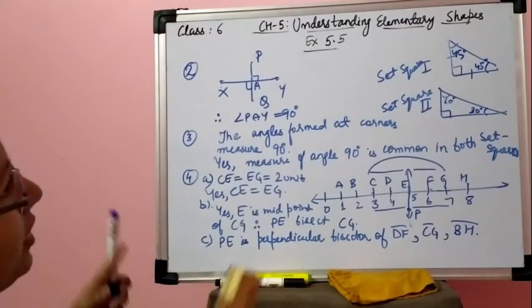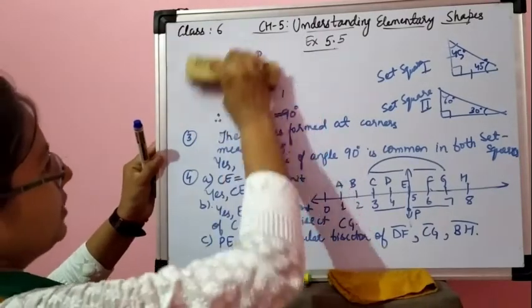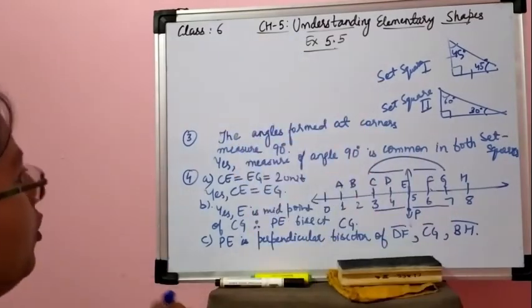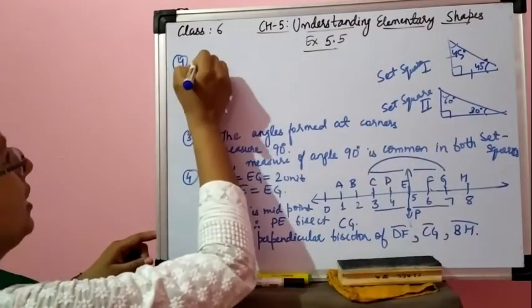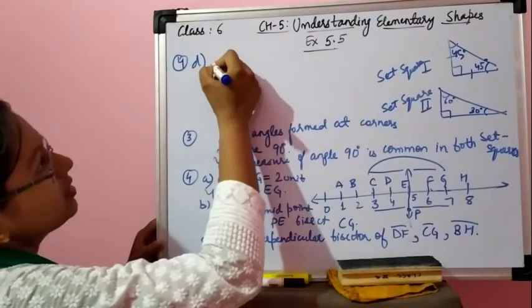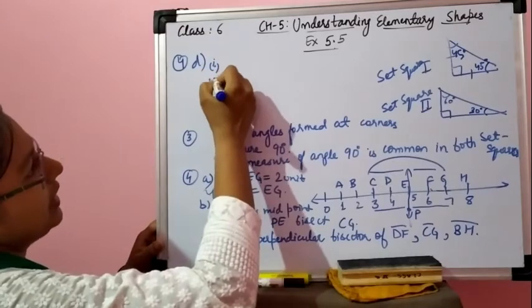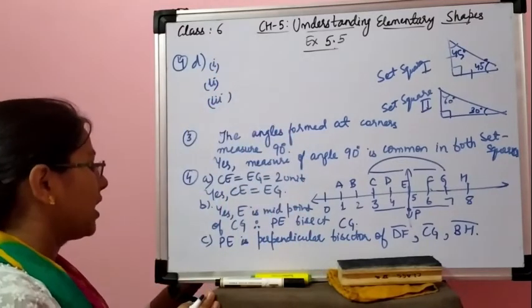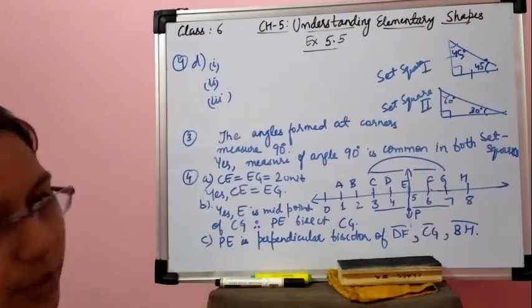Now in the D part, I will do the 4th question, D part, because in D also 3 things have been asked: first, second and third. In the first they are asking, are these true? We have to say true or false.